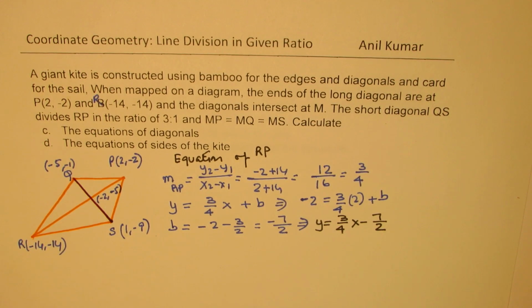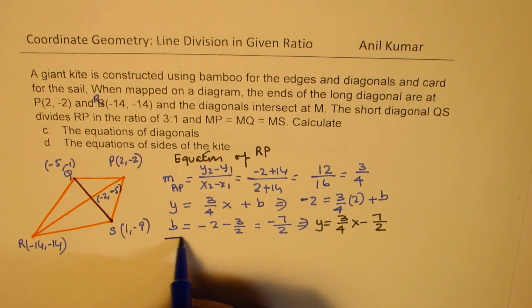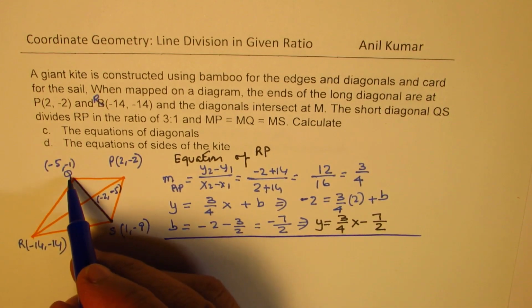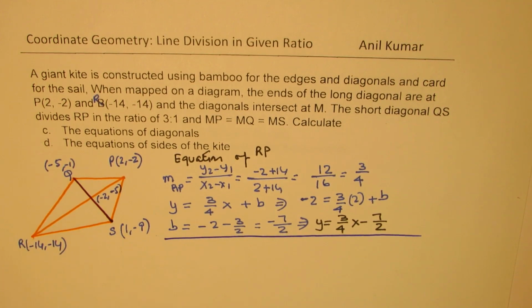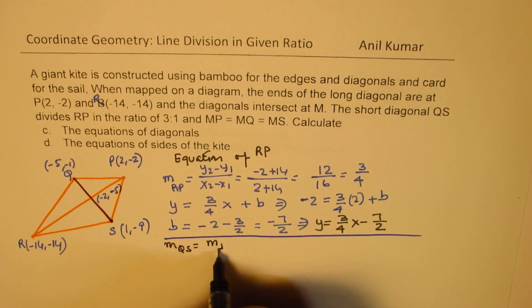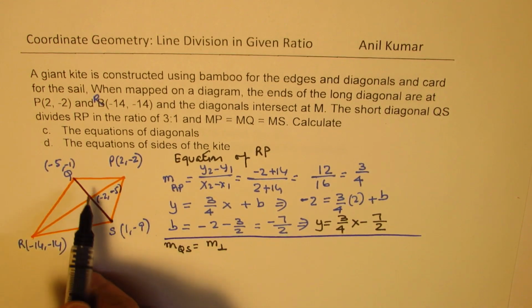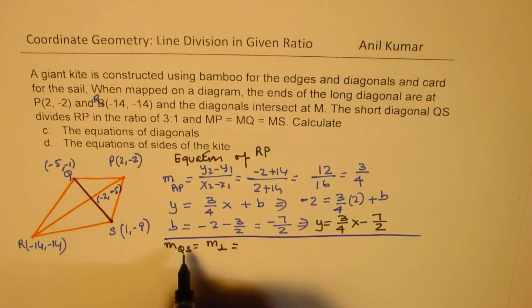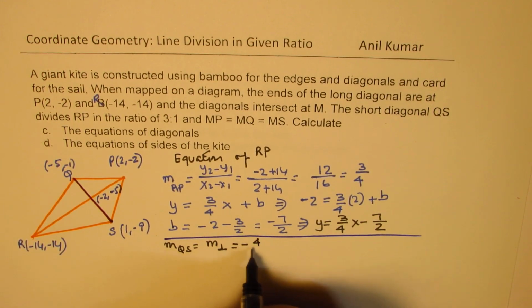Now the equation of the second diagonal is what? So that is the second diagonal, QS. We know that the slope of QS is perpendicular to the other line, right? So the perpendicular slope will be negative 4 over 3, right?